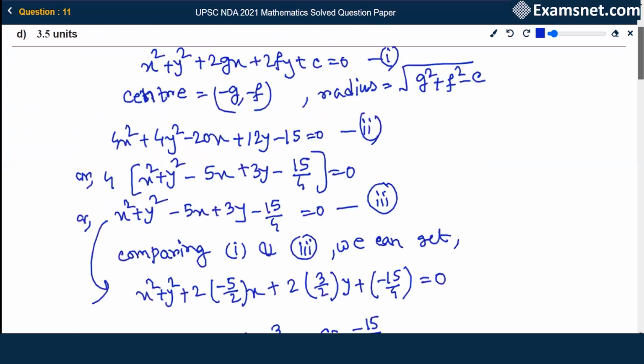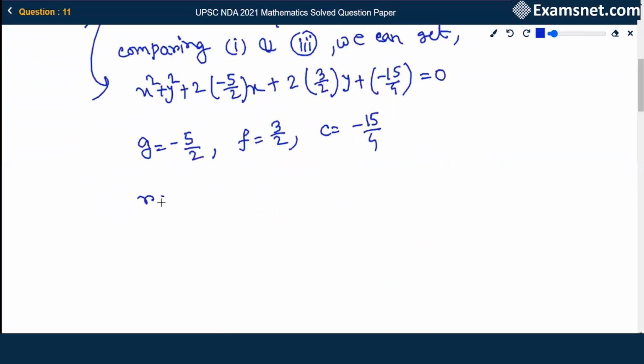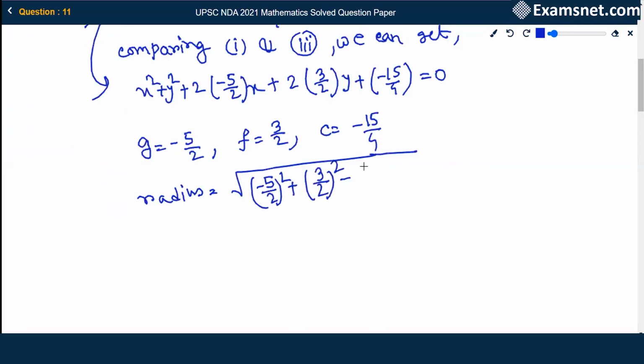Here we are going to find the radius, so we will use this particular formula: radius equals the square root of g² + f² − c.